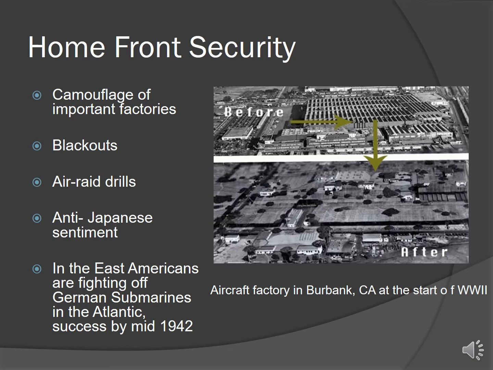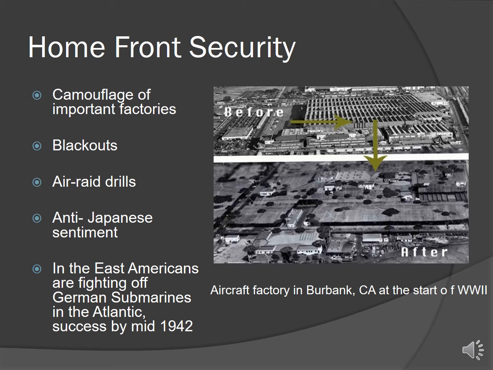All of the lights would be shut off of the power grid, and people were supposed to duck and cover and shelter in place. And the idea, again, is that if the Japanese were to fly over and carry out an air attack against the West Coast, it would be difficult for them to find or hit any targets that they may have.